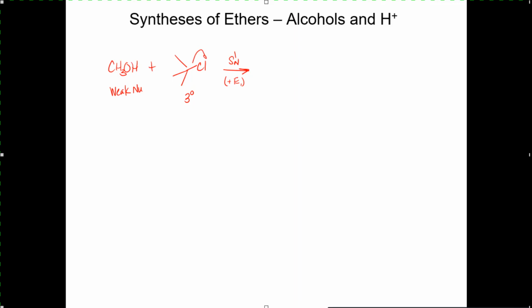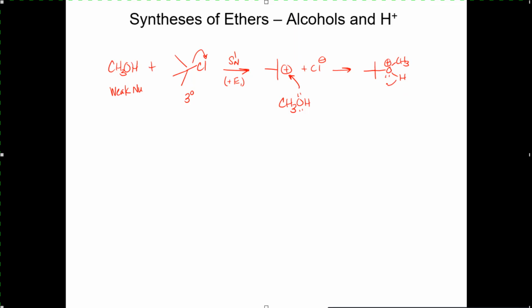The carbon-chlorine bond would break, and we would form a tertiary butyl carbocation plus Cl minus. And then what would happen? Our weak nucleophile, our methanol, would come in, add to that carbocation, forming our oxonium ion.